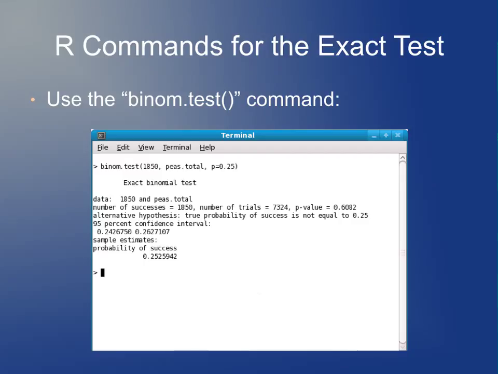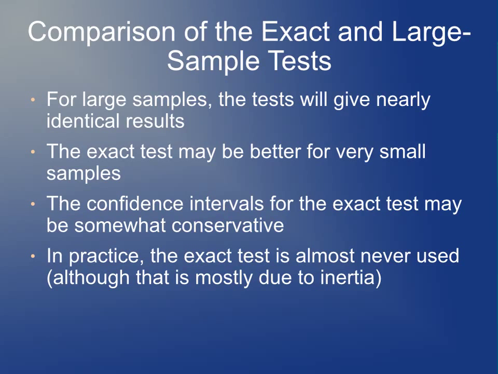But with a computer, it's quite easy. The command in R is called binom.test. The syntax is exactly the same as prop.test. You can see in this case we get p-values and a confidence interval that are virtually identical to what we got using both the normal theory and the chi-square methods.